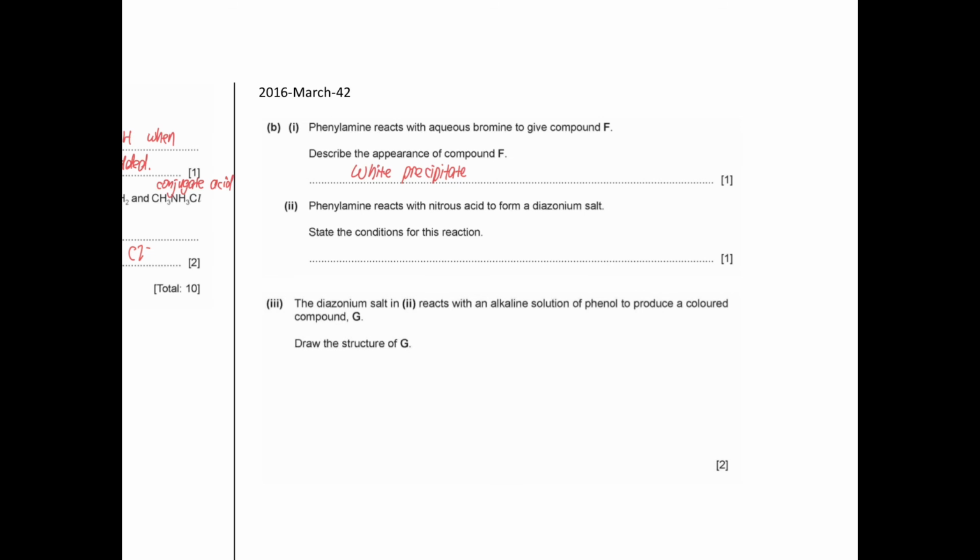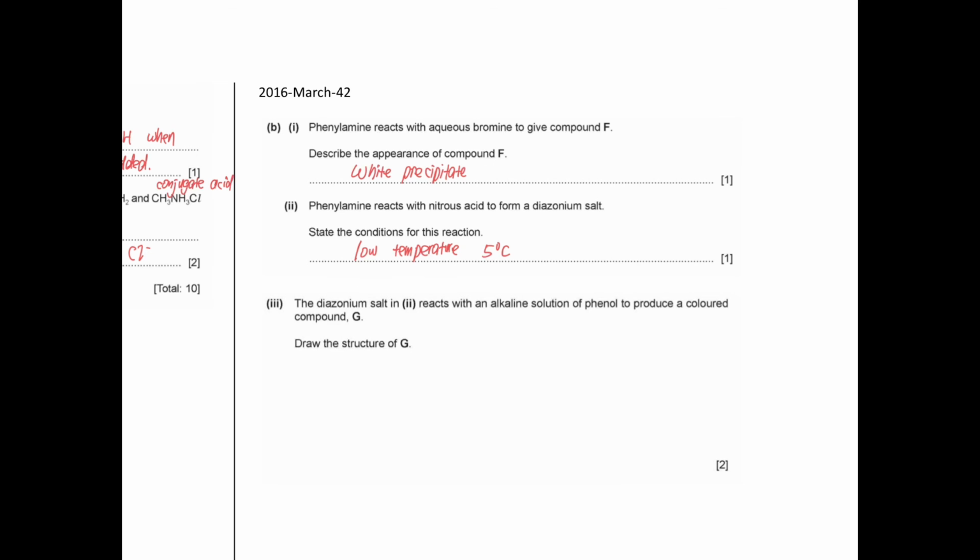State the condition for this reaction. You must remember we need a low temperature, 5 degrees Celsius. The diazonium salt in part 2 reacts with an alkaline solution of phenol to produce a colored compound G. So this is where they expect you to draw out the product of the coupling reaction.